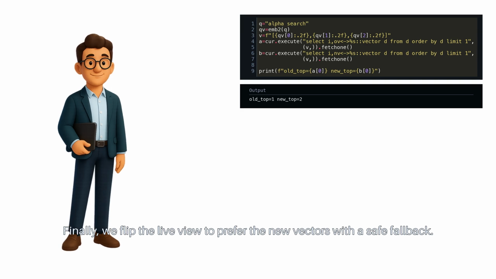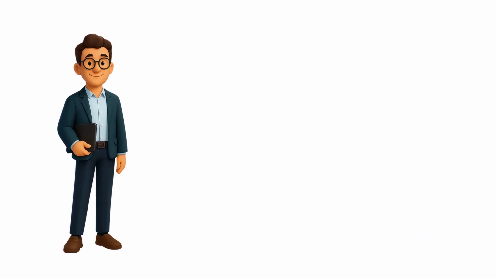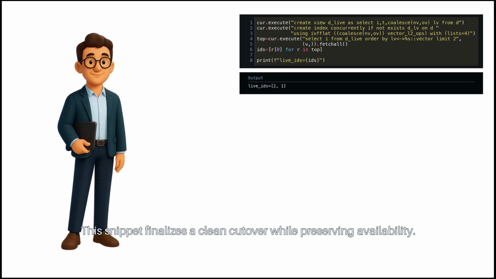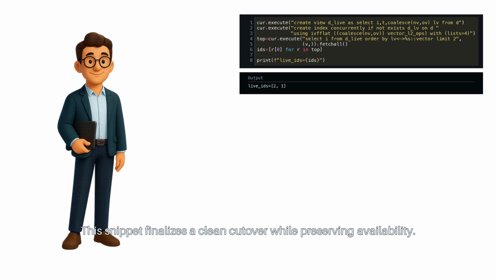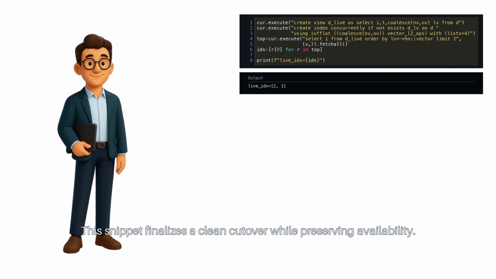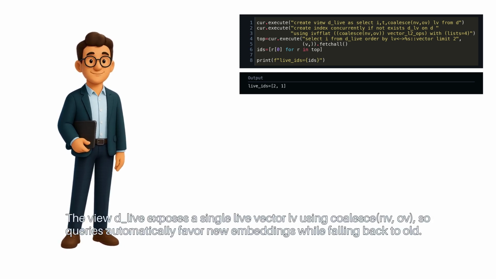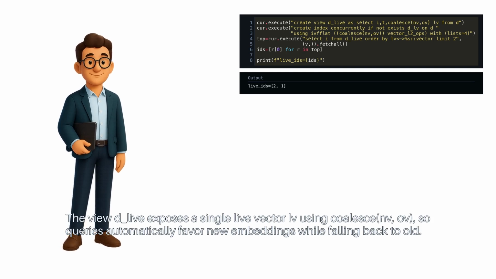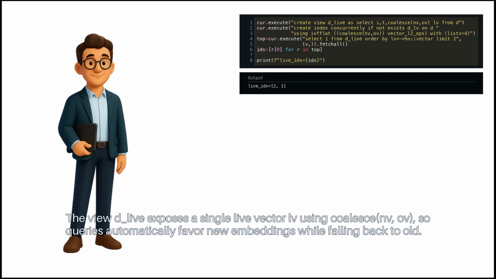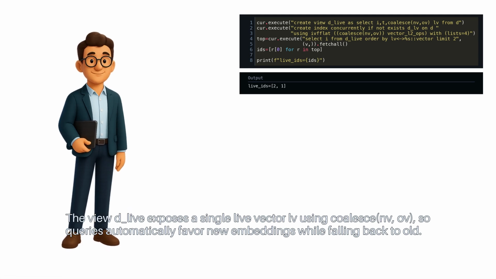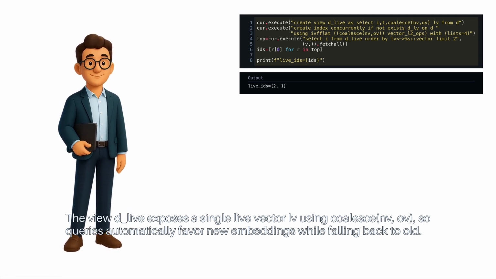Finally, we flip the live view to prefer the new vectors with a safe fallback. This snippet finalizes a clean cutover while preserving availability. The view D-Live exposes a single live vector LV using coalesce NV-OV, so queries automatically favor new embeddings while falling back to old.